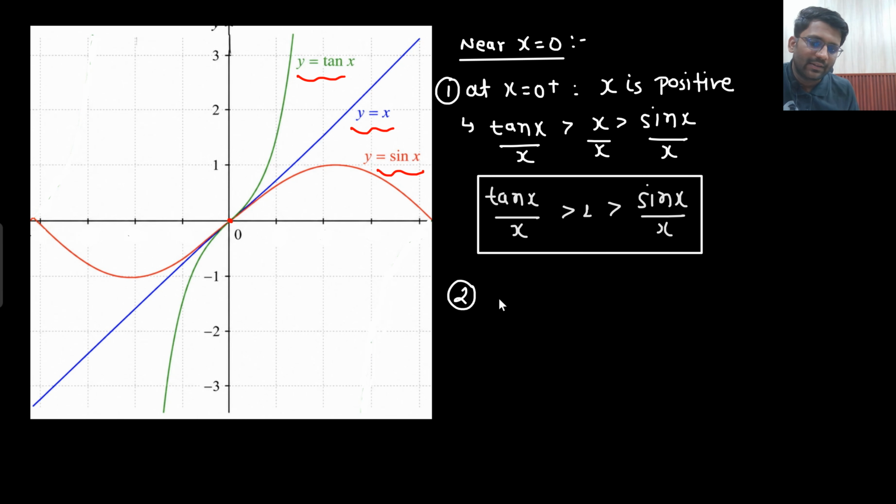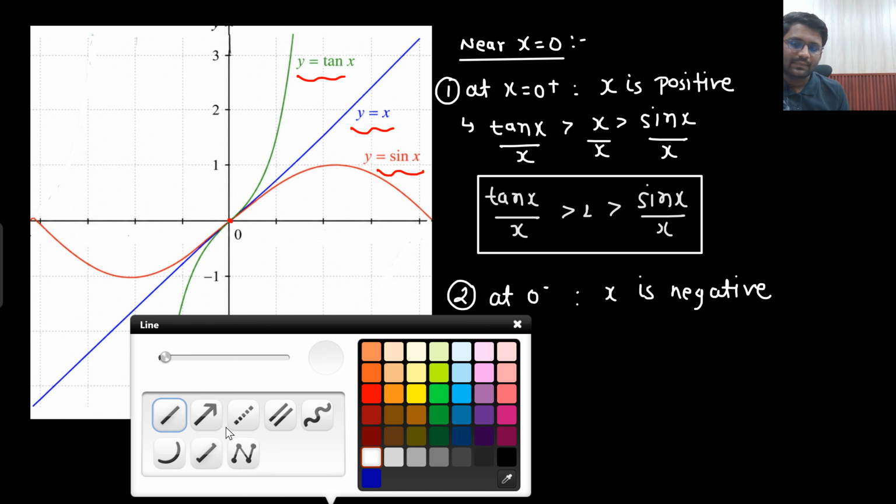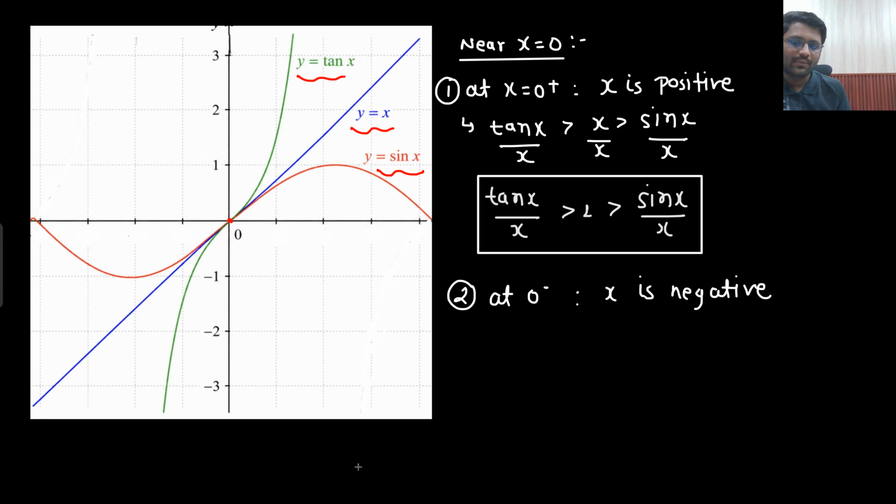Secondly, I will talk about at 0 minus. Let's see at 0 minus what will happen. Just remember one thing, 0 minus means this is the point. Here x is negative. Always remember x is negative here. Now let me know who is the bigger one. Tan x is the bigger one? No, tan x is not the biggest one. Think about it.